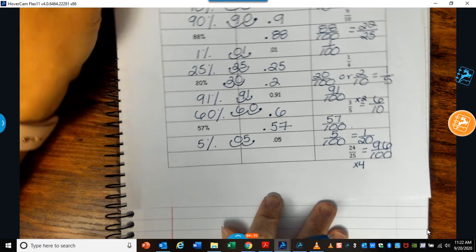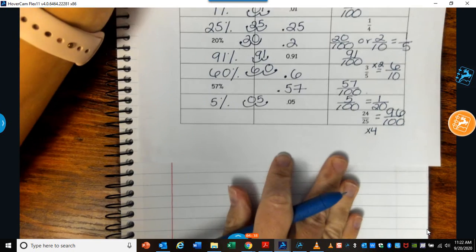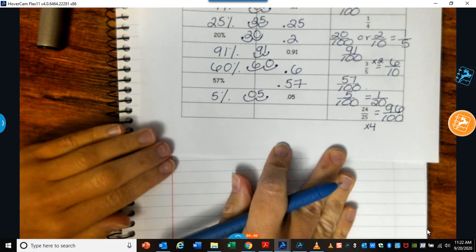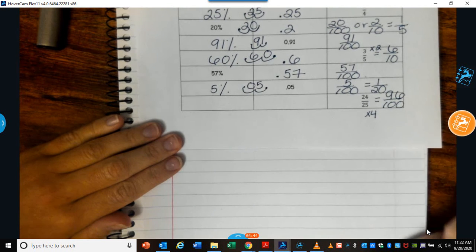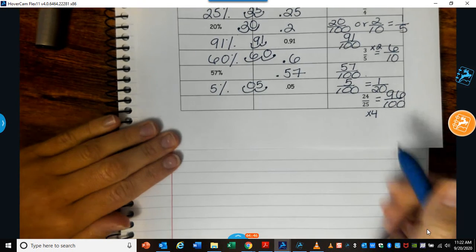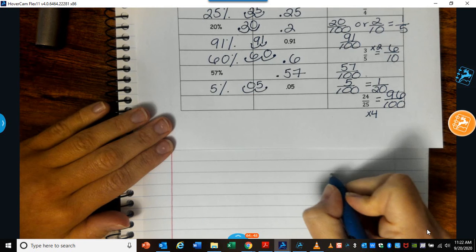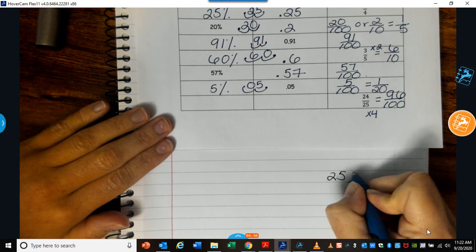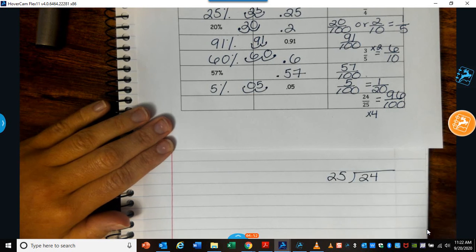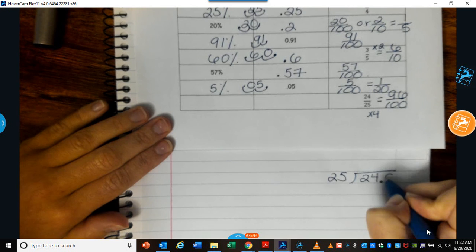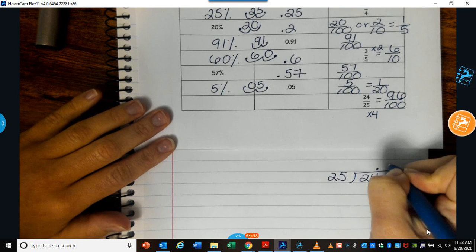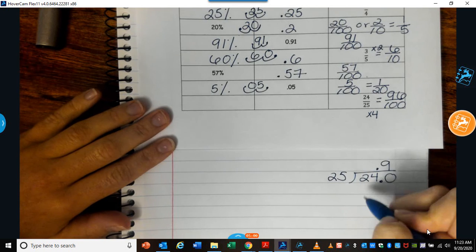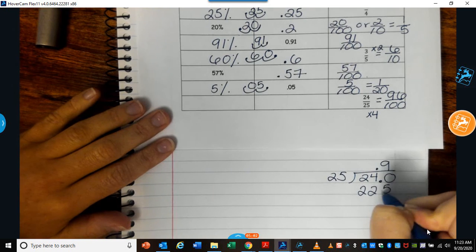Another strategy would be to divide the denominator into the numerator. This strategy is good in case your denominator can't go into 100. This one is going to be a little more work. 25 into 24 doesn't work, so I have to add a decimal point and a 0. 25 can go into this 9 times. That gives me 225.